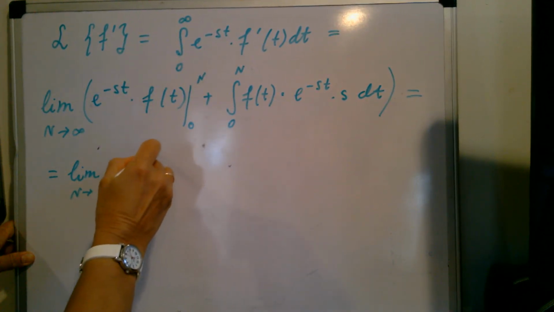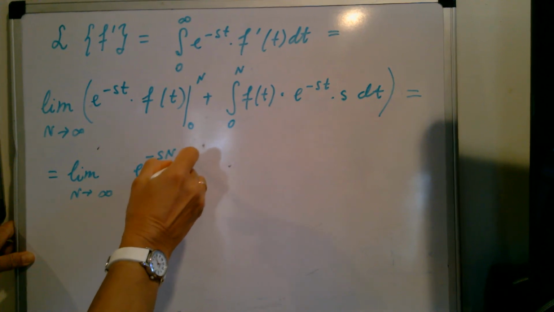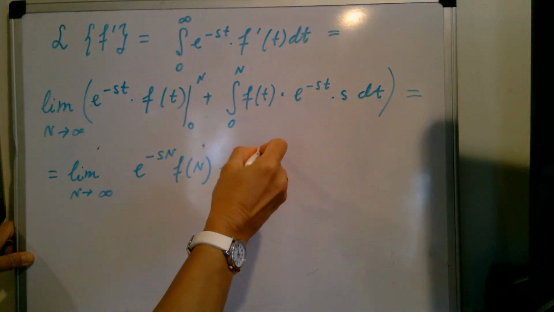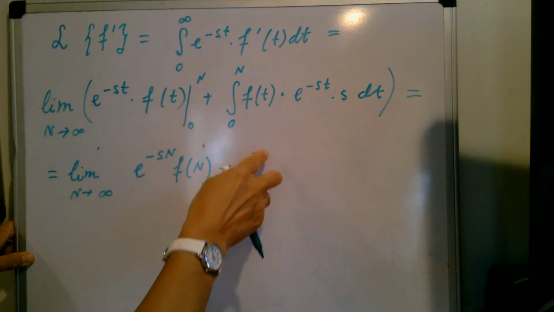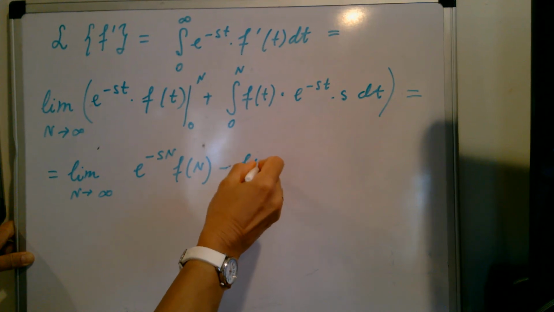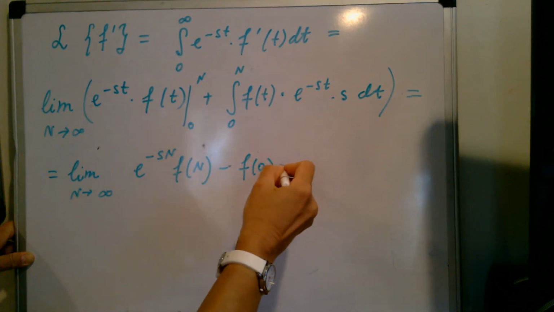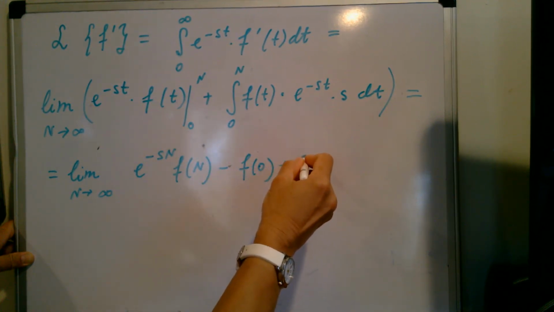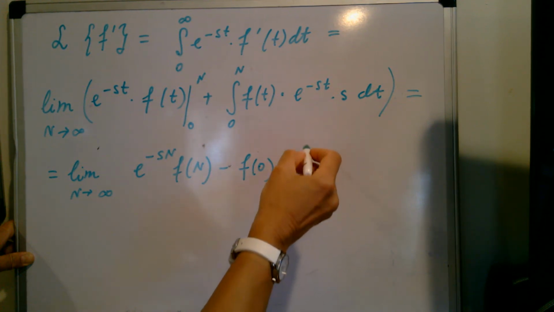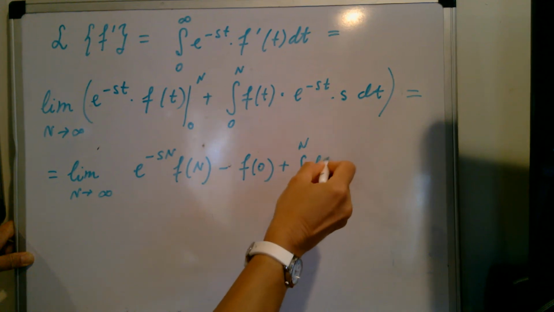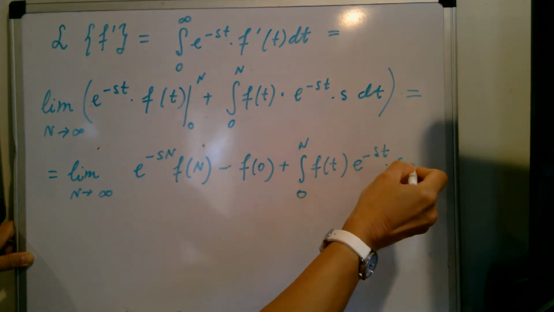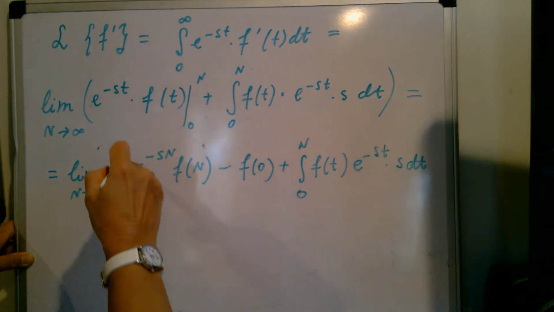So it's e to the power of negative sn f of n minus e to the power of negative s times 0, right, which is going to give us actually 1, and this is going to give us f of 0. I'm plugging in 0, plus, I'm going to keep the integral, 0 to n, f of t e to the power of negative st dt.